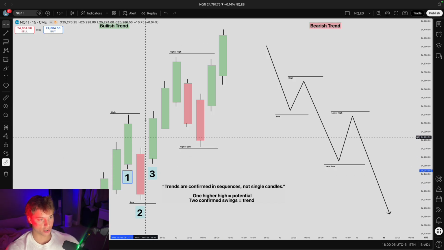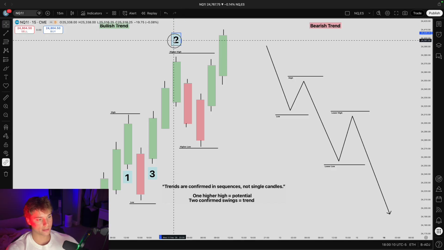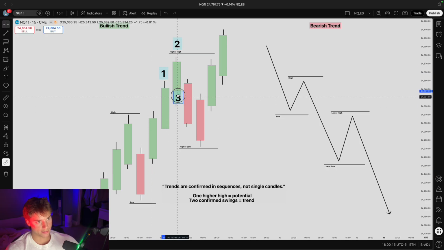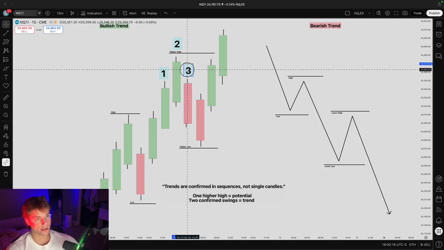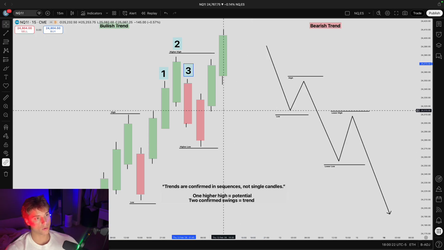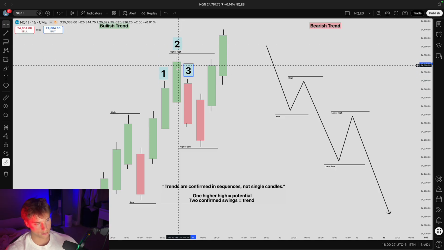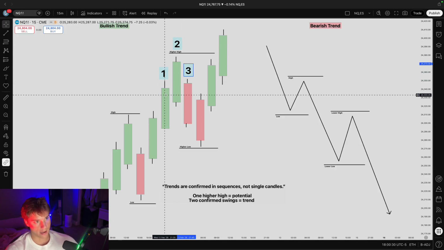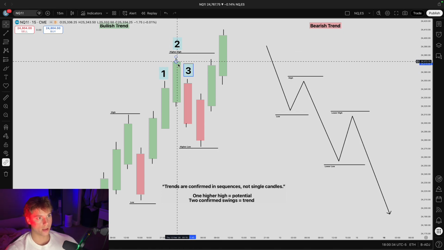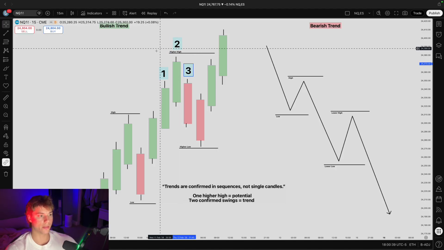In this bullish trend, as you can see, we wait until the next high and low form. Right here, this is going to be 1, 2, and 3. Candle 2's high is higher than number 1 and higher than number 3. And this makes another high. We know this is a higher high because it is above the original high.